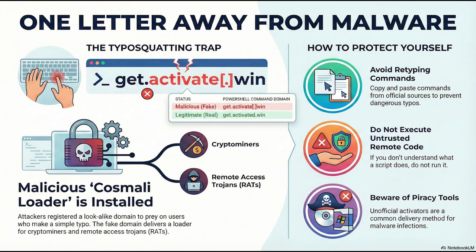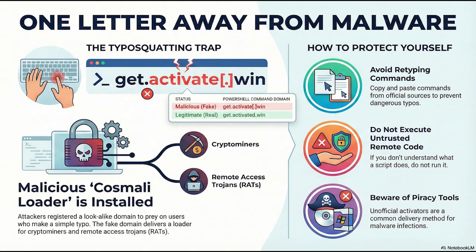Absolutely. The second payload was the XWorm Remote Access Trojan, or RAT. And we have to clarify what that means for people. A RAT is software that creates a persistent, covert channel for unauthorized remote access. It essentially gives the attacker the keys to the kingdom. They can watch your screen, log your keystrokes, steal your files, deploy even more malware later.